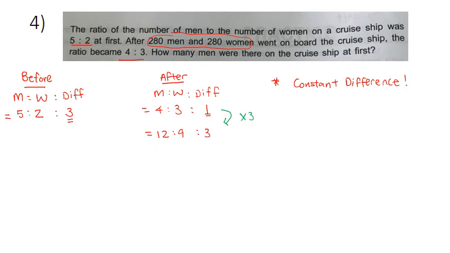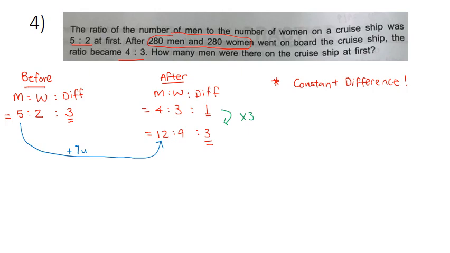Now that the difference is the same between the first ratio and the second ratio, we can now compare the values, the units between men. From 5 units, 280 men entered, and it went up to 12 units. So 7 units of men actually entered the cruise ship.